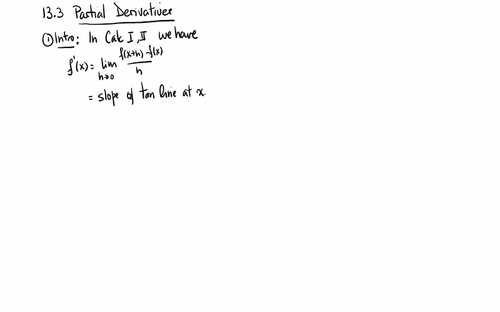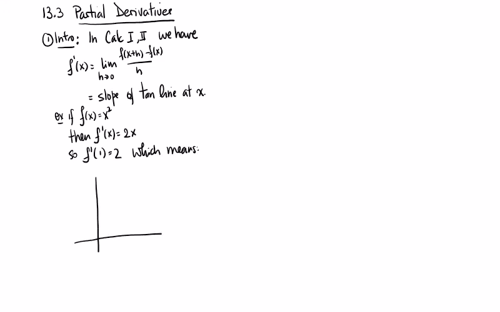So for example, if f of x is x squared, then if you take the derivative, and then for example, you can take, say, f prime at 1 and get 2. We can say this means, if we draw a picture of this, terrible x-axis, but that's right. So if I draw that graph, this is f.